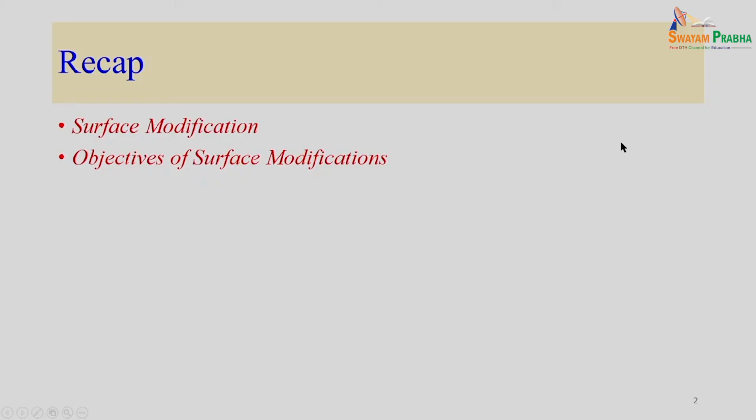In the last lecture we discussed what is surface modification, why we need to do the surface modification, and what are different objectives for the surface modification, starting from designing anti-fouling or self cleaning surfaces, to preparing surfaces which inhibit or restrict the biofilm formation or bacterial adhesion, to regulating the protein adsorption, to regulating the cell attachment or the cell adhesion. So, these were a few objectives of the surface modification we discussed in the last lecture.